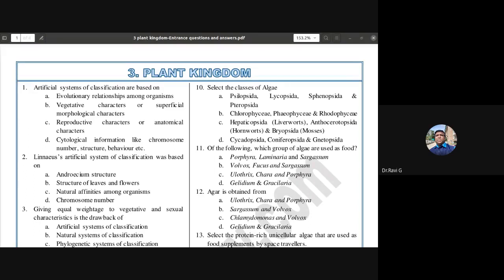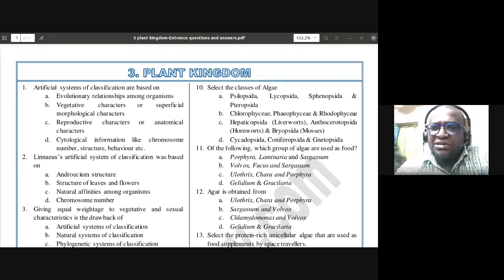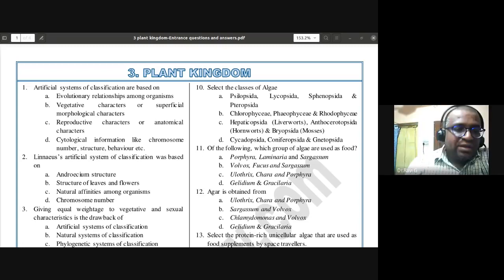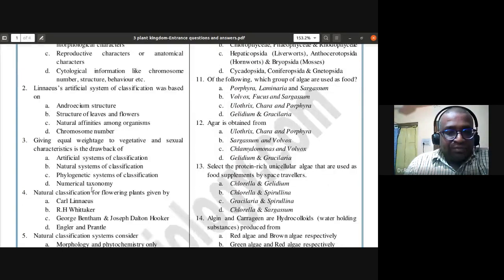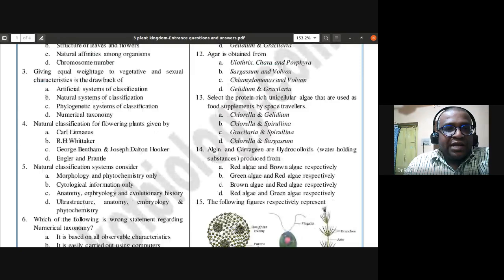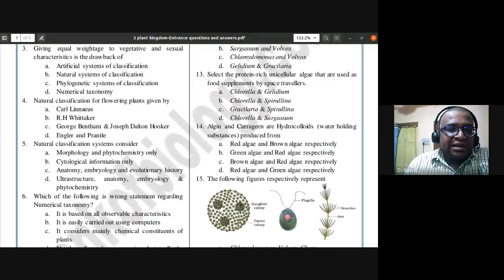At any point of time, if you have any doubt or clarification, you can always switch on your mic and ask me. Okay. So the third one: giving equal weightage to vegetative and sexual characteristics is the drawback of which system of classification?